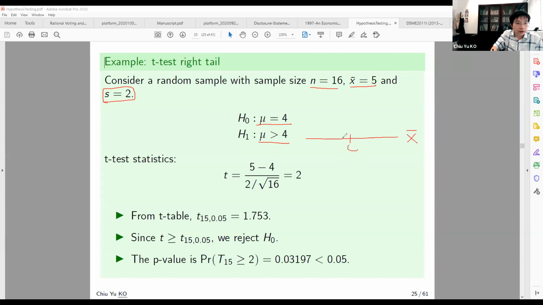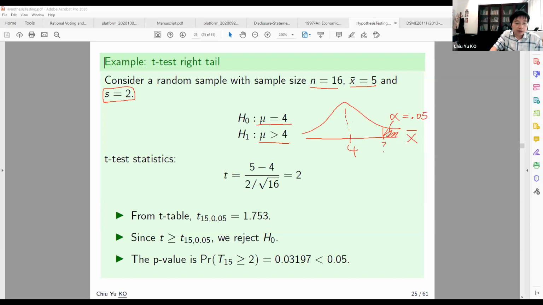This is 4 here, and you reject if it is far above 4. If this is the rejection region, and this is alpha, usually 5%, it is way above alpha.